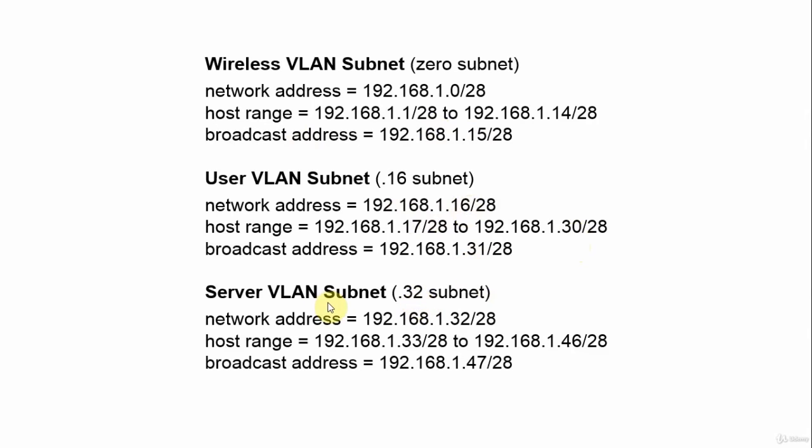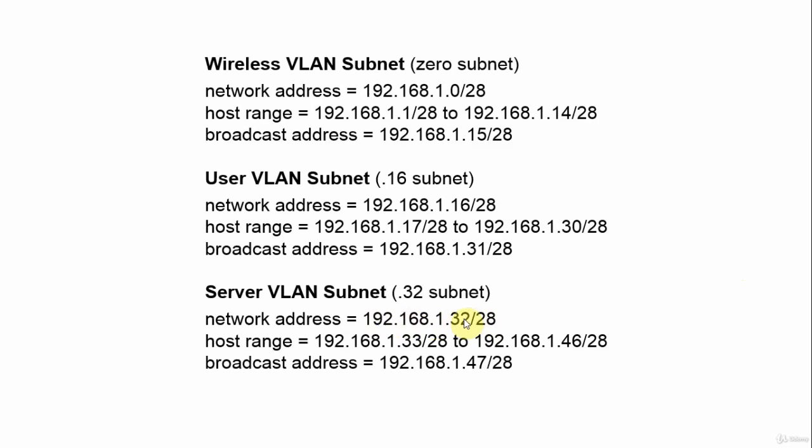And that'll be assigned to the server VLAN, and starts at 32 as the network address. So in functional terms, 192.168.1.32 is a network address. So it does the same thing. If it was a default class C address with a /24, that's a network address. This is as well.